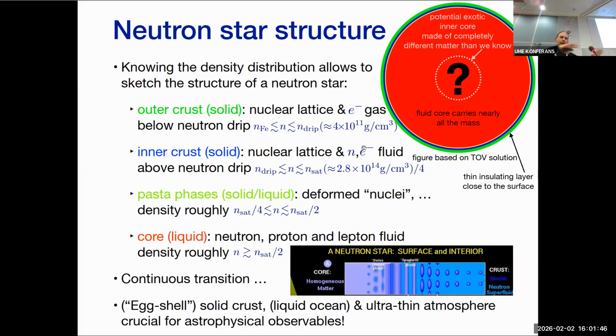And then you have a lattice of nuclei immersed in a fluid of neutrons and electrons. At even higher density, neutron drip is at 4 times 10^11 grams per centimeter cube.